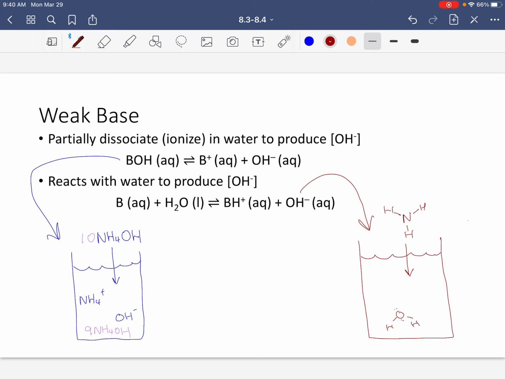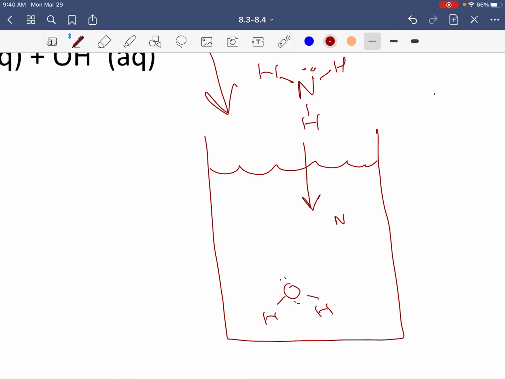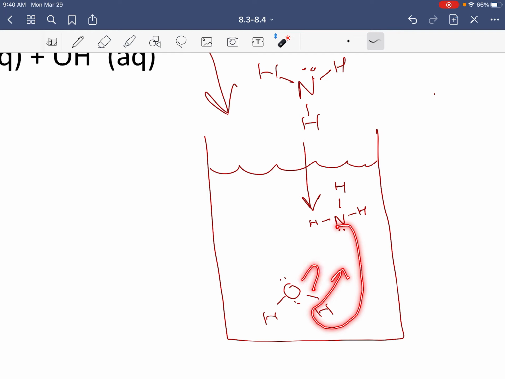Okay? If you drop ammonia in water, and here's water, what ammonia is going to do, let me draw it like this. Ammonia says, hey, water, let me take one of your hydrogens with my lone pair. You can keep these two electrons with oxygen to turn yourself into an anion, no problem.